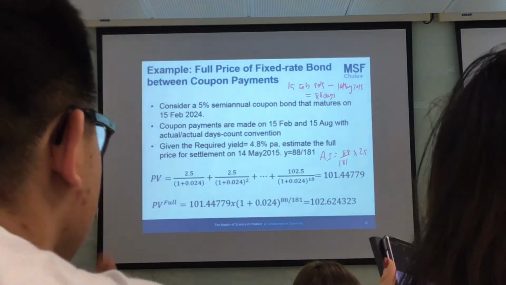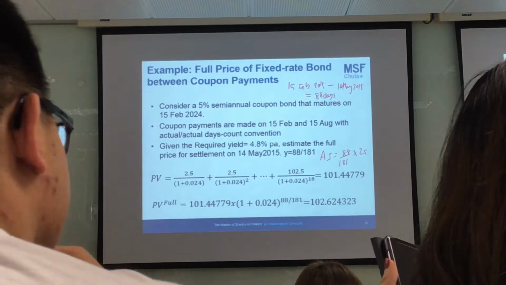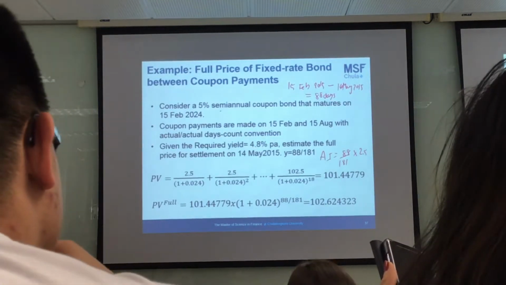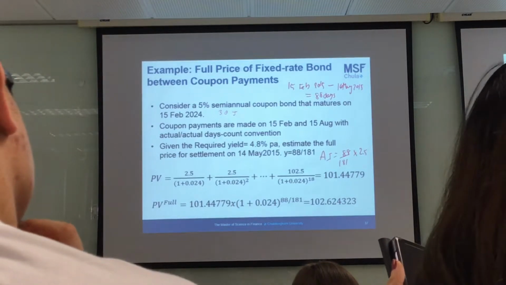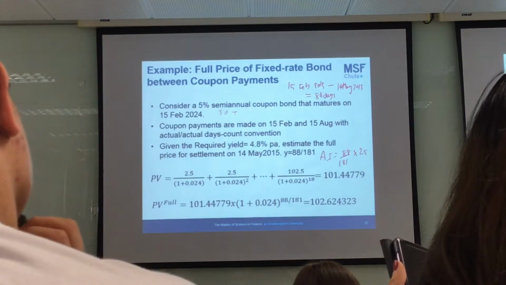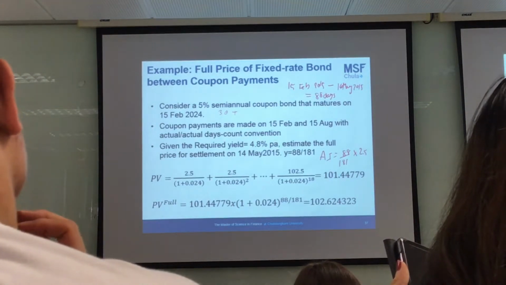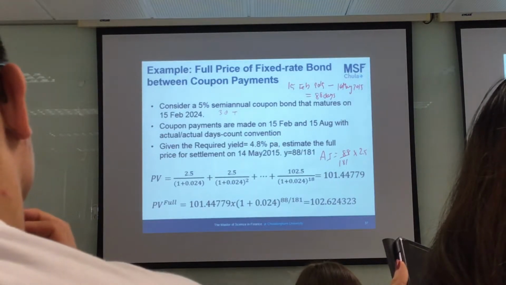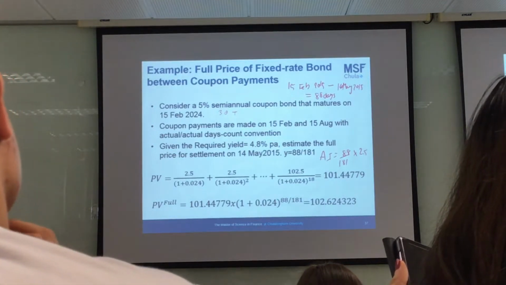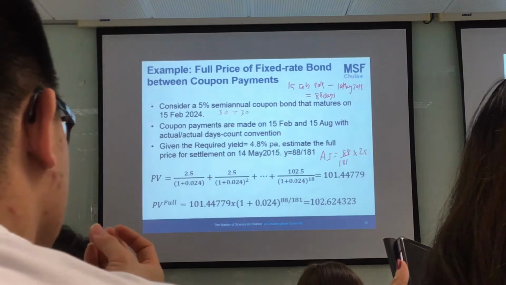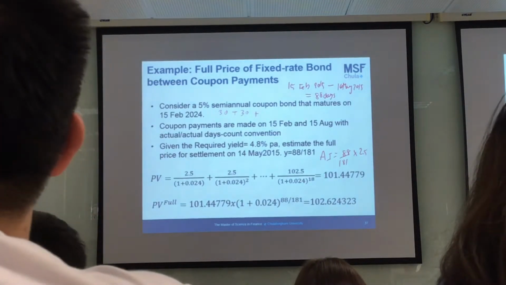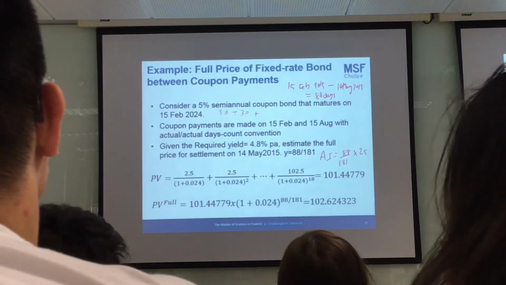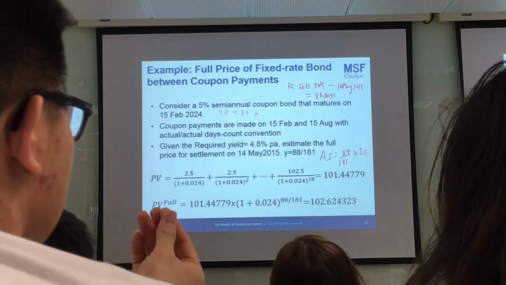So it will be 30 days for the first month from 15th of February to 15th of March, and then from 15th of March to 15th of April is another 30 days. February to March, March to April.